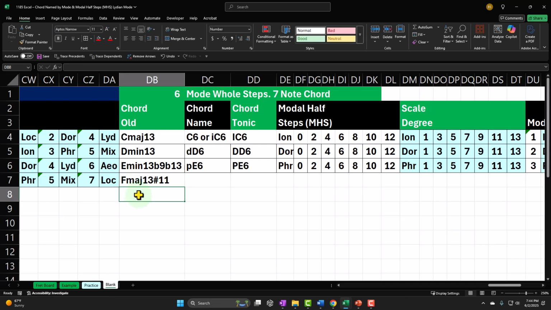Because it's an F major, which would give us the triad, but the fact that it says it's a major means, well, kind of means it goes up, we kind of assume that the 9, 11, and 13 are major, but we already said that although the 13 is major, and the 13 is equivalent to the 6, we know that the 4, which is equivalent to the 11, is still augmented, and therefore we need a sharp on it.